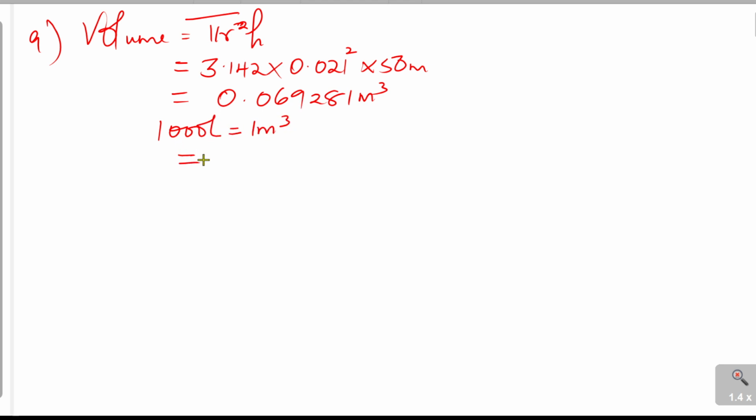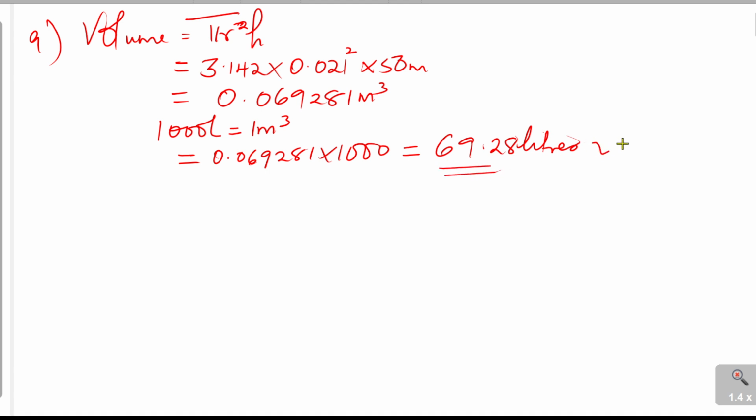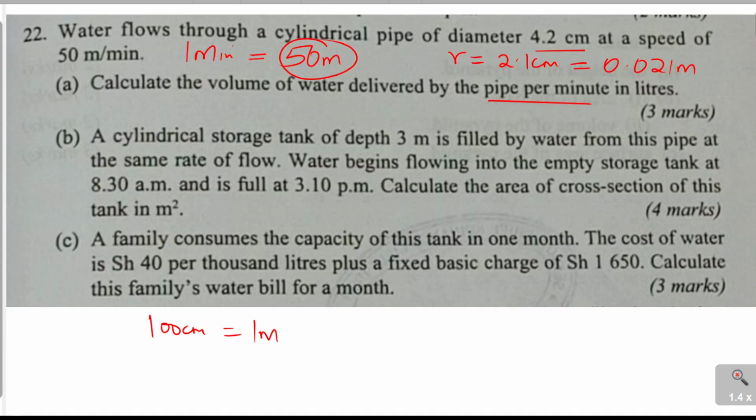So to convert these, you need to multiply by 1000. So this will be 0.069281 times 1000, and this will give 69.28, correct to significant figures. This is in liters. So that is how you're supposed to work out the first part.